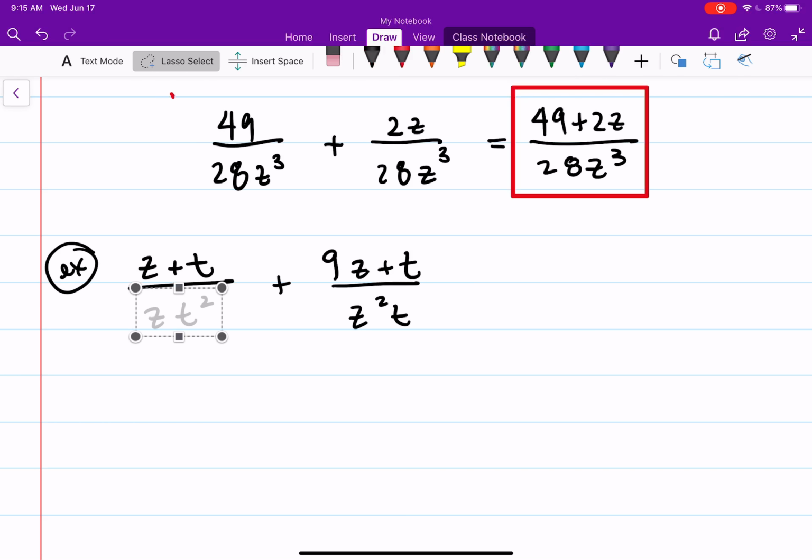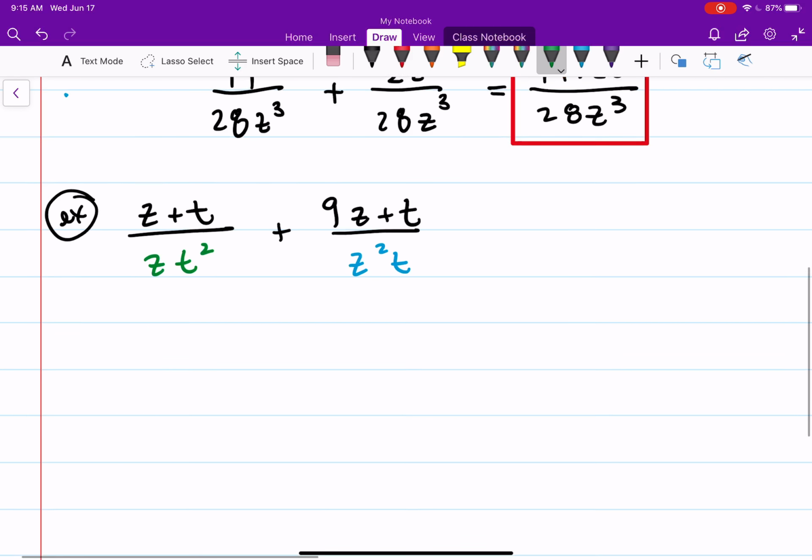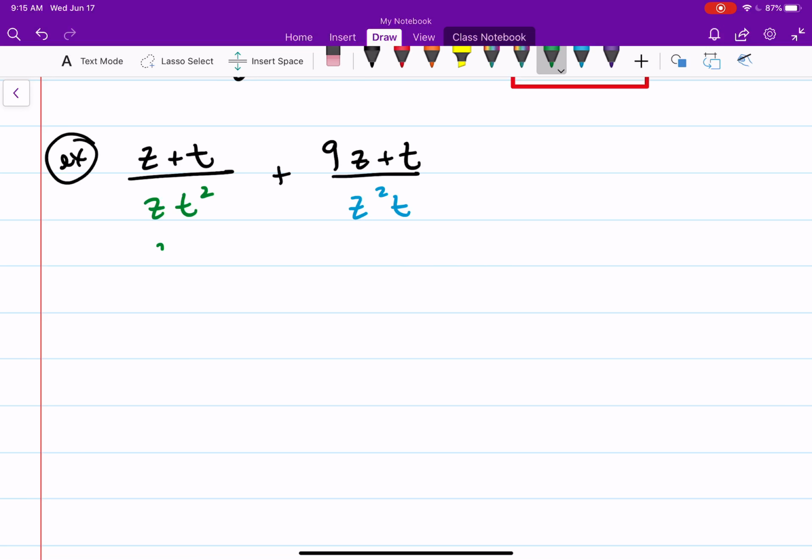I forgot to make those different colors, so let's make this one green and this one blue. Let's look at the green again. That is a z and a t squared. And then the blue is a z squared with a t.